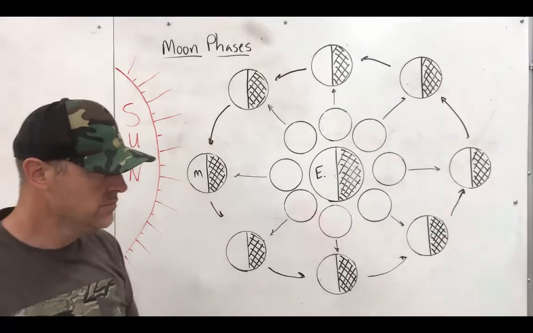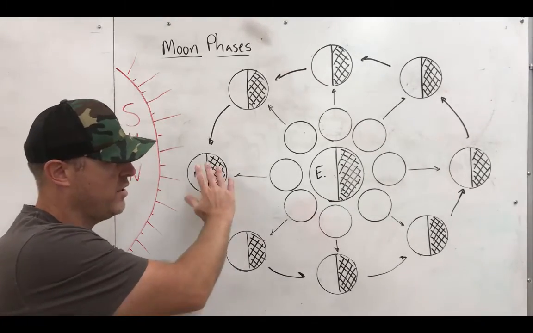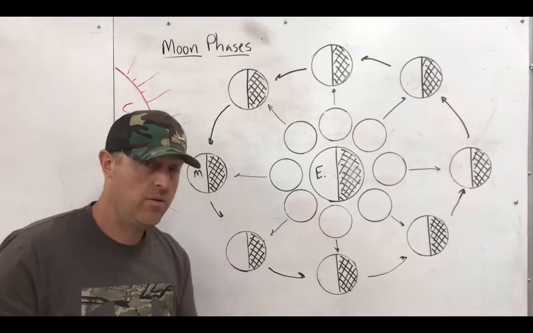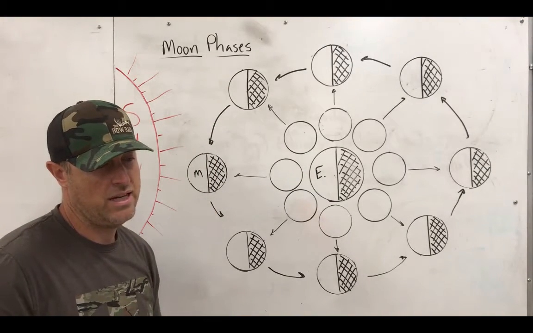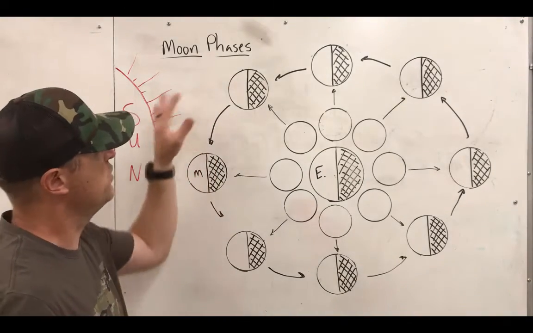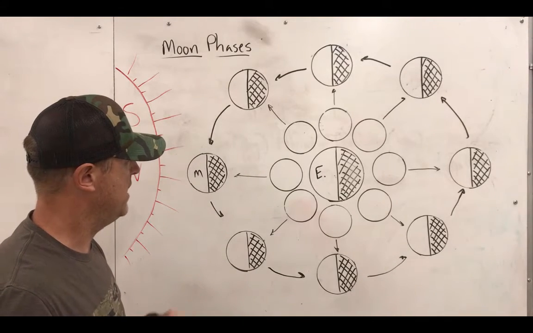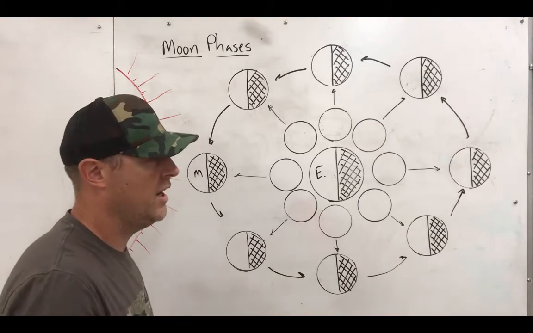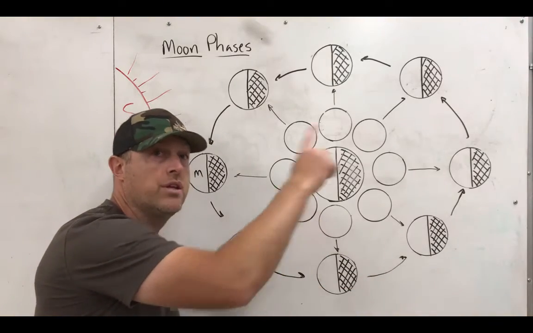Keeping in mind that half of it is always in shadow, half of it is always lit up, we have named these different phases of the synodic month. We're going to track the calendar as we take a lap around for the month.